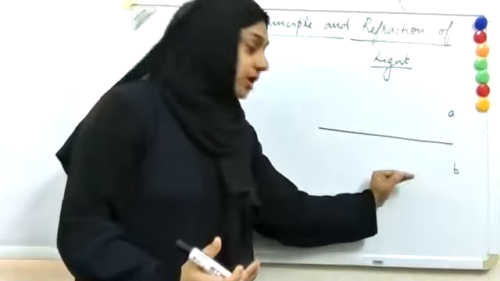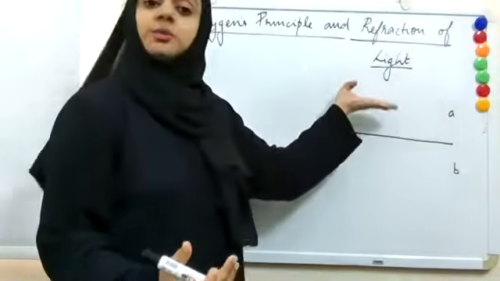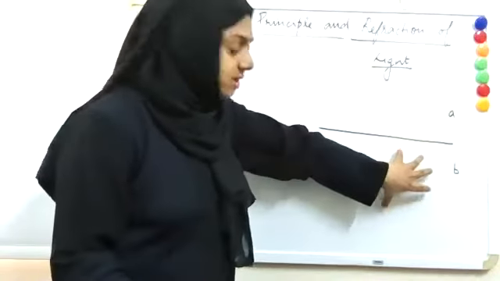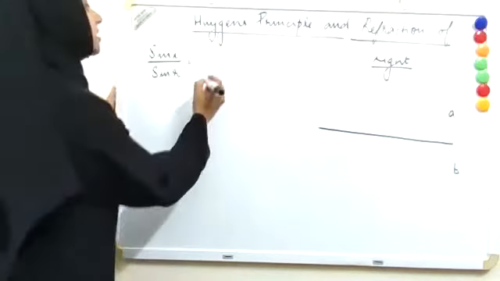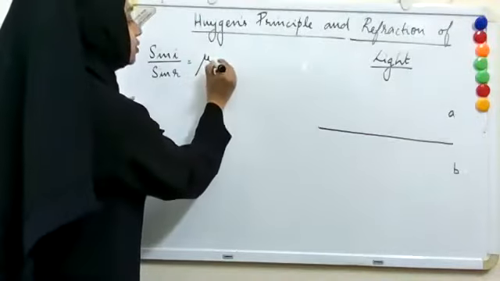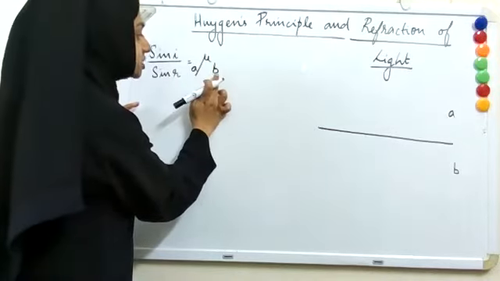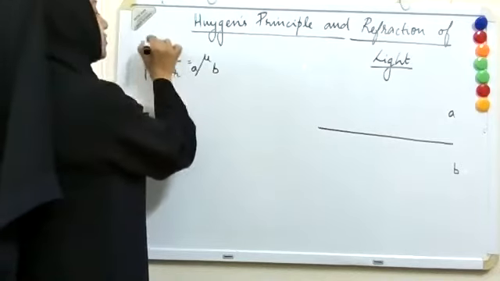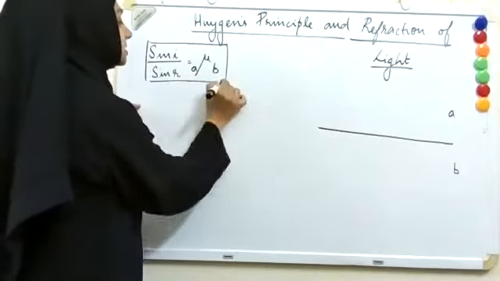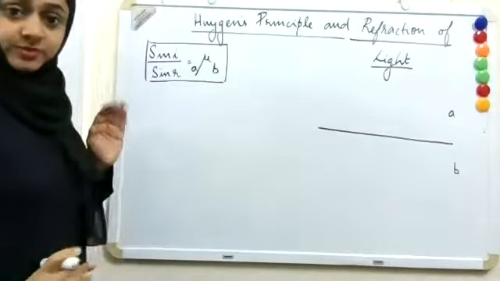Light will travel slower in medium B compared to medium A because this is optically denser. According to Snell's law of refraction, sin I by sin R is equal to mu BA, which means refractive index of B with respect to A. Let us see whether we can find this equation considering Huygen's principle.